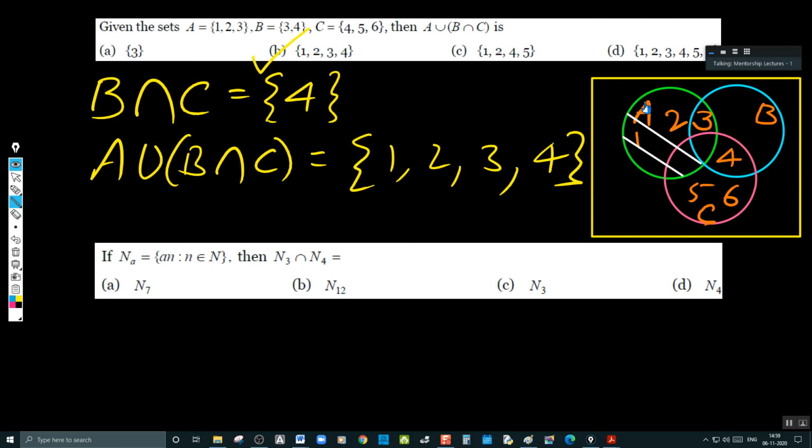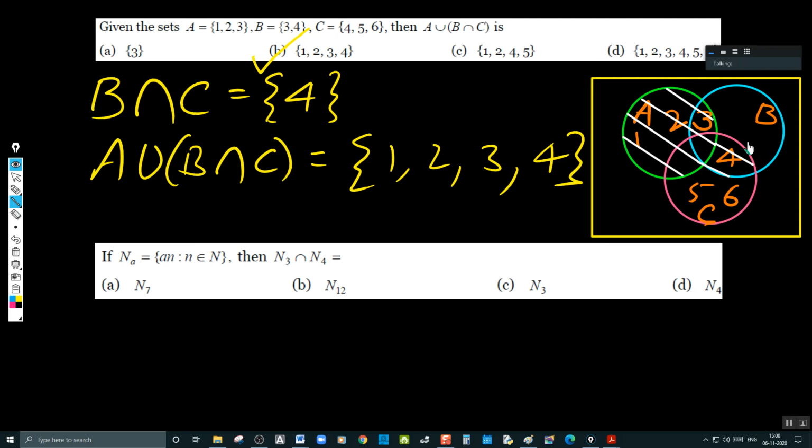And B intersection C means common to B and C. It extends. This is what we need. I hope you understand what I'm saying.